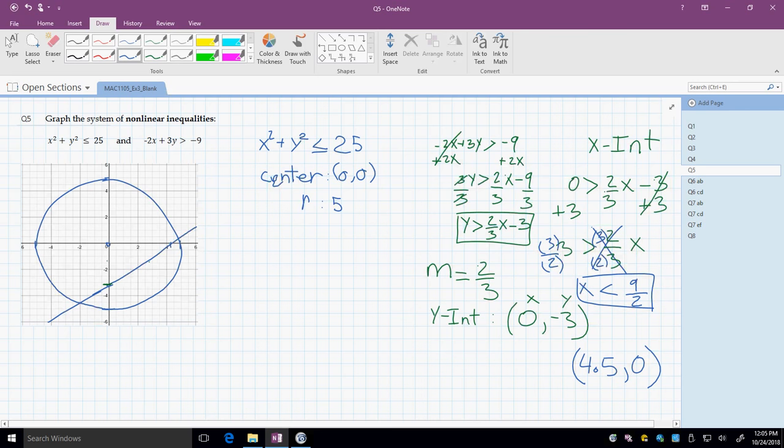So how are we going to read this? It's telling me that y is greater than the line there. So greater is going to be up. We're going to use green for the line, the linear.